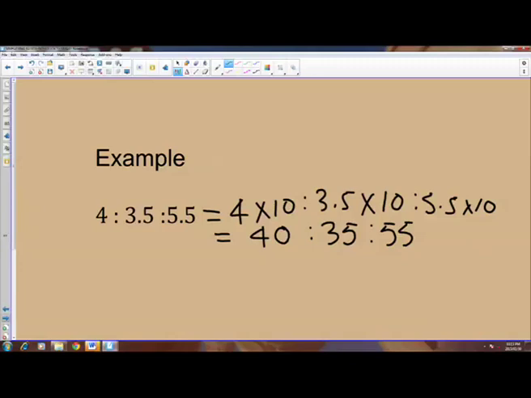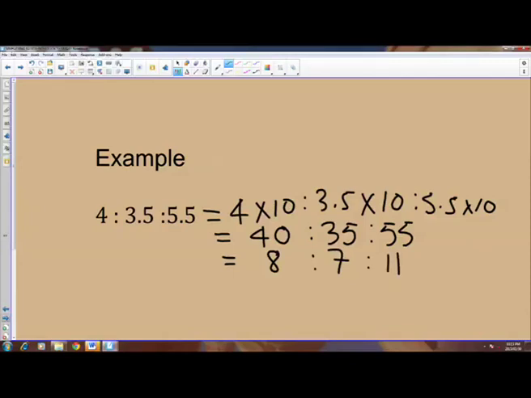It is not. We can see that there's a factor which can go into 40, 35 and 55, and that factor is 5. 5 into 40 is 8, 5 into 35 is 7, and 5 into 55 is 11.